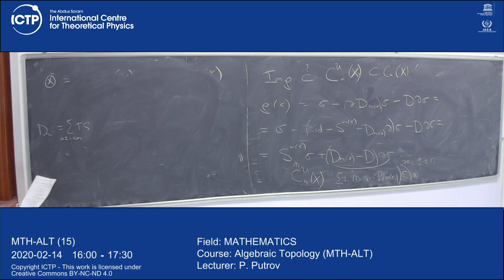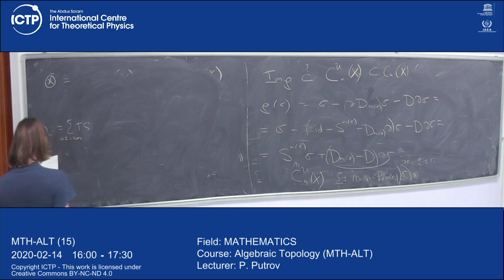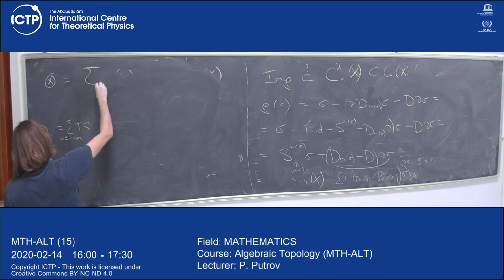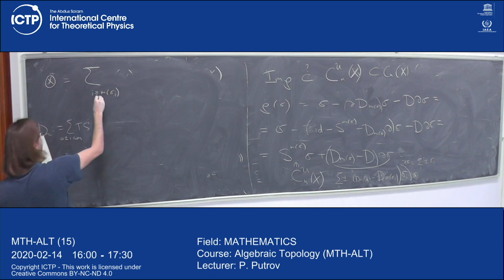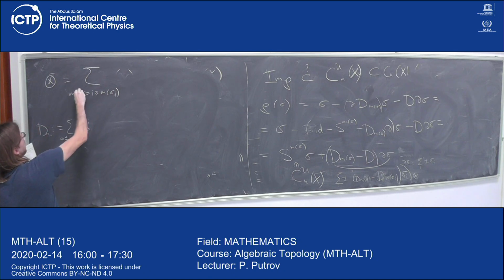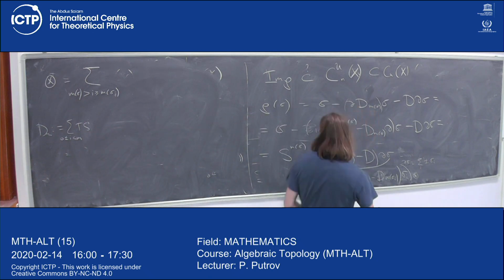So if I act with this difference, it will be the following sum. Take sigma_j. The sum will be over all i's, which is a difference between the index here and the index here.